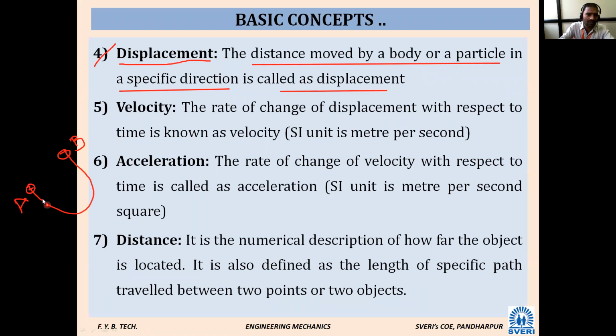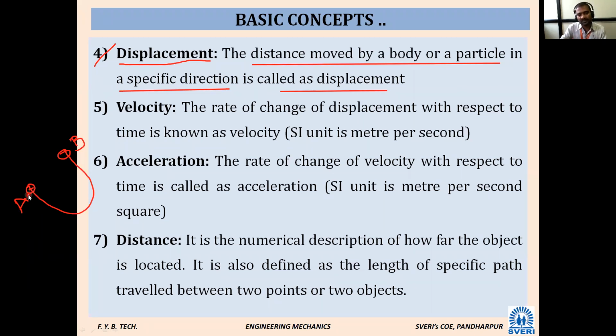Again, what is the distance from A to B? How did it come? This is the path traveled by the object, the curved path. What do we call this curved path? This is called distance. Do you understand what is distance and what is displacement? The path traveled by the object is called distance. Displacement is the shortest distance between any two points.